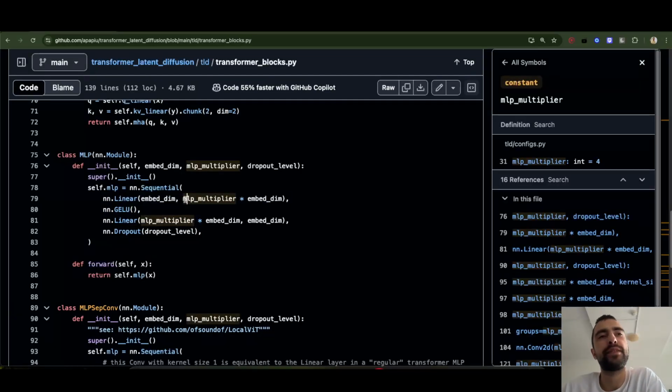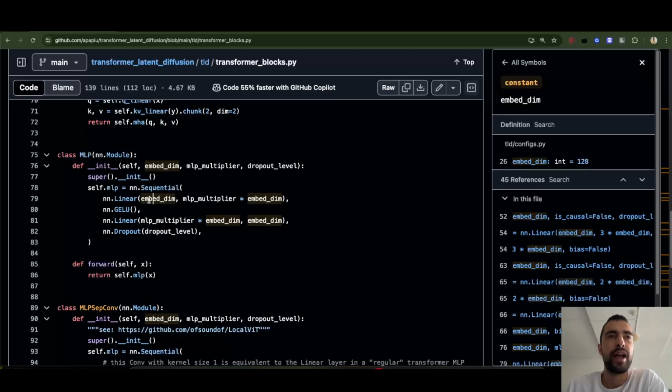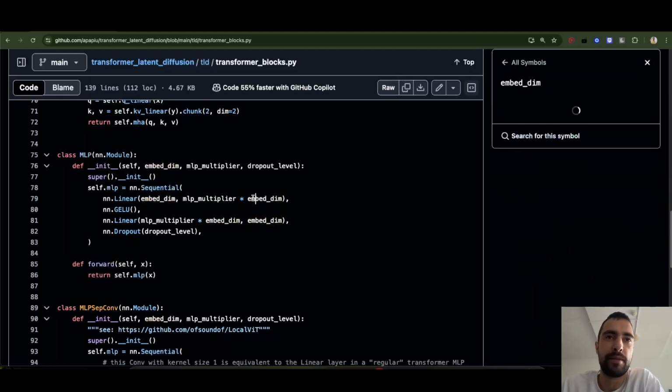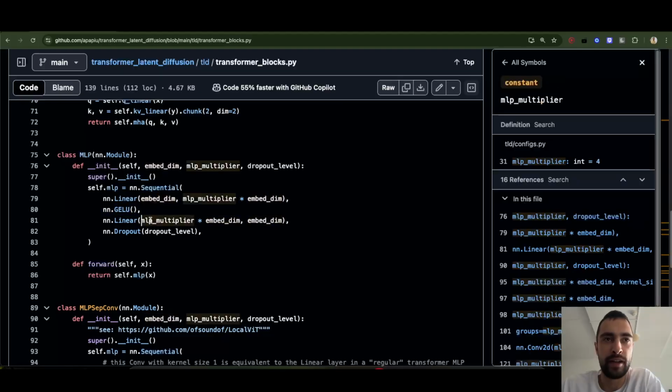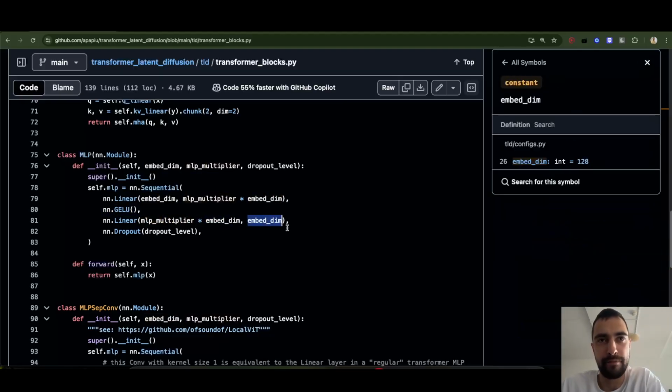So here we will have this expansion. After the attention mechanism, we get this vector that's juiced up with context, with attention from previous vectors, image patches, letters, tokens, whatever. So we need to expand to, usually these MLP multipliers can be 4, for example. So 4 times embedding dimension, then activation, then go back from 4x to just embedding dimension.